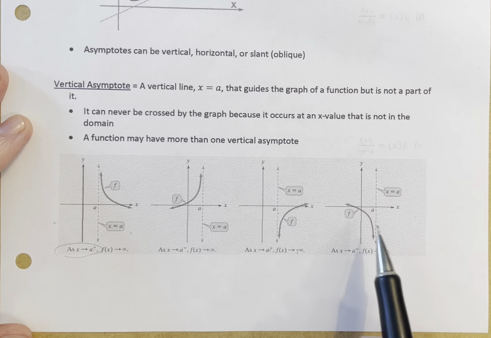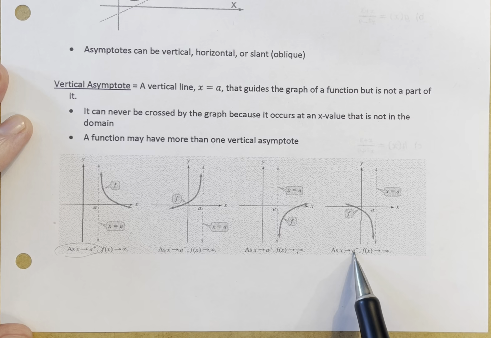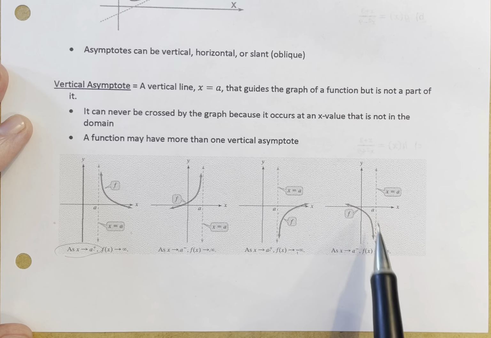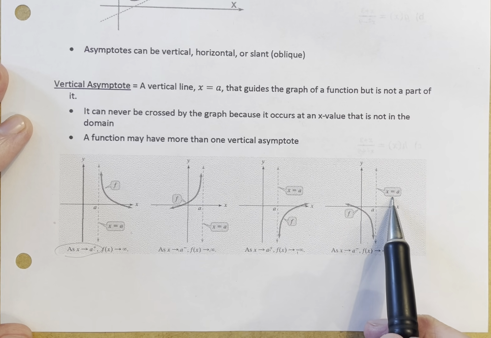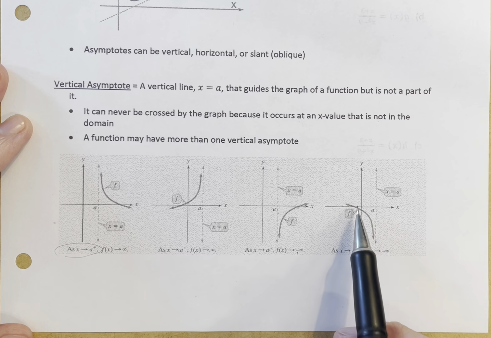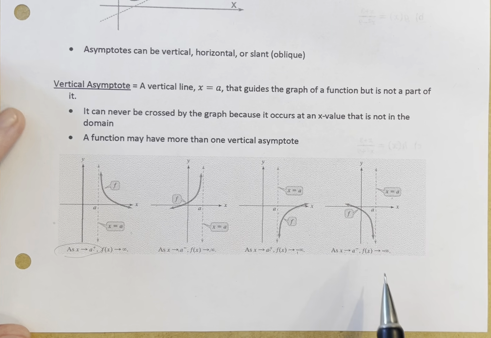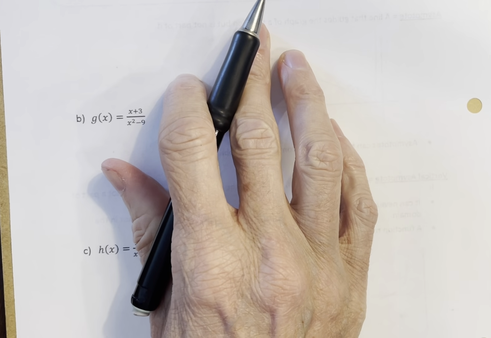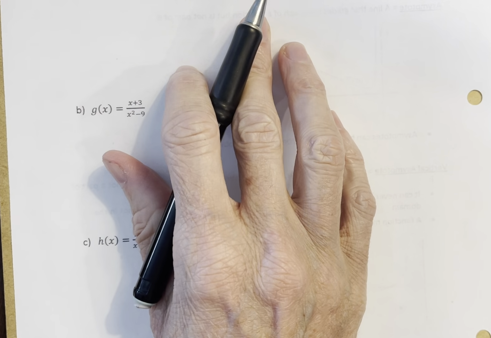Similarly, as x is approaching a from the negative direction, so from the left, the vertical asymptote at x equals a is pushing the function down to negative infinity. So it's shaping the graph, as we've talked about. Let's take a look at how to find them, and then we'll do some examples.